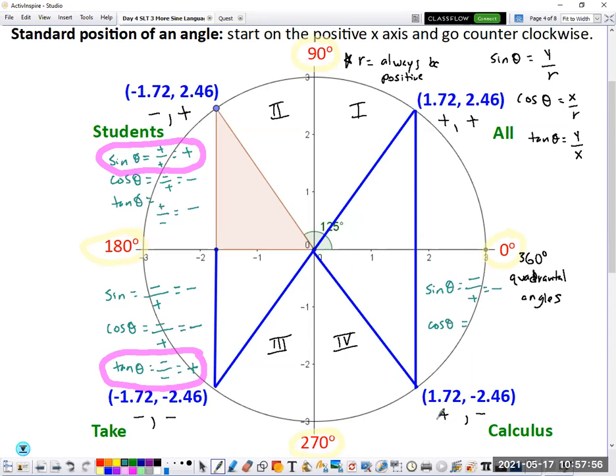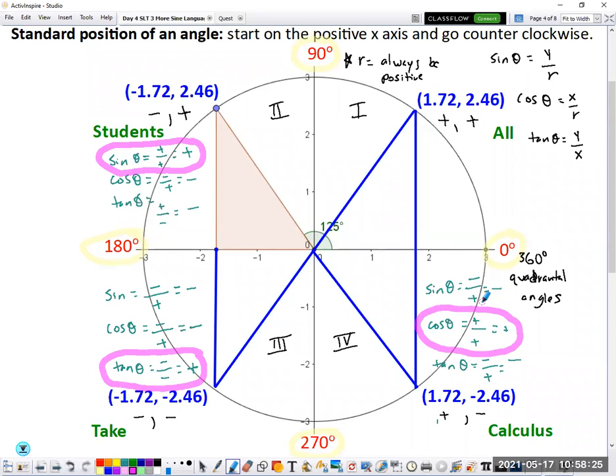Positive divided by positive is a positive. All right, what about if I'm in the fourth quadrant, Jack, and I'm looking for tangent? Y is negative, x is positive, and when I divide that, I get a negative. Man, that means only the cosine is positive.